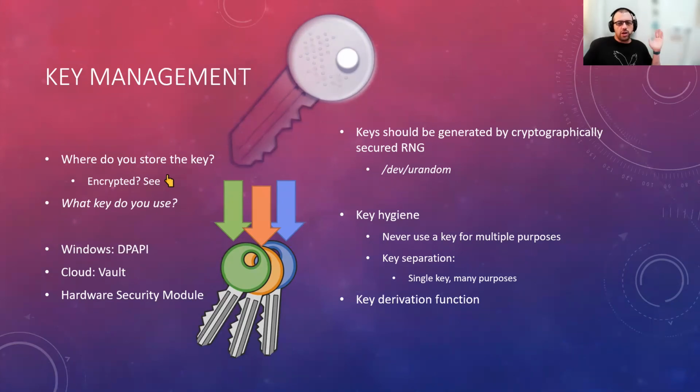So first of all, key generation. Generate them through a cryptographically secure random number generator. urandom is a great one. Why is that? Because keys now have no patterns that you care about. You don't need to really think about it, none of that.